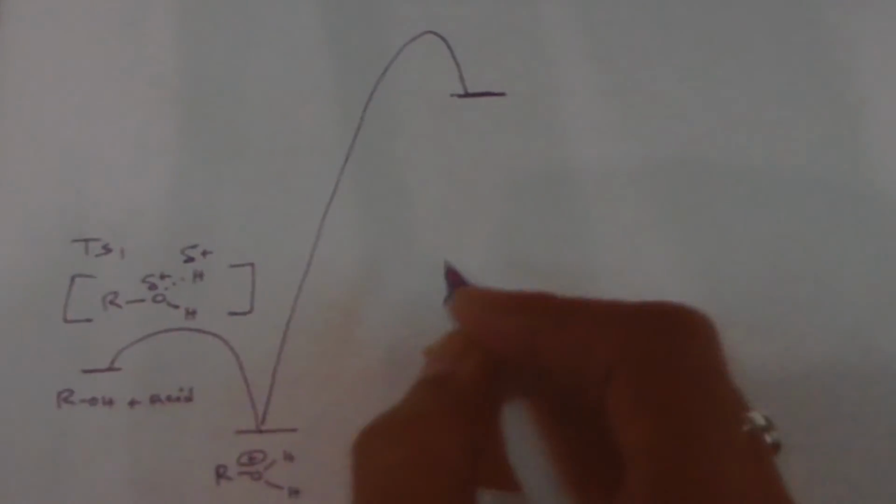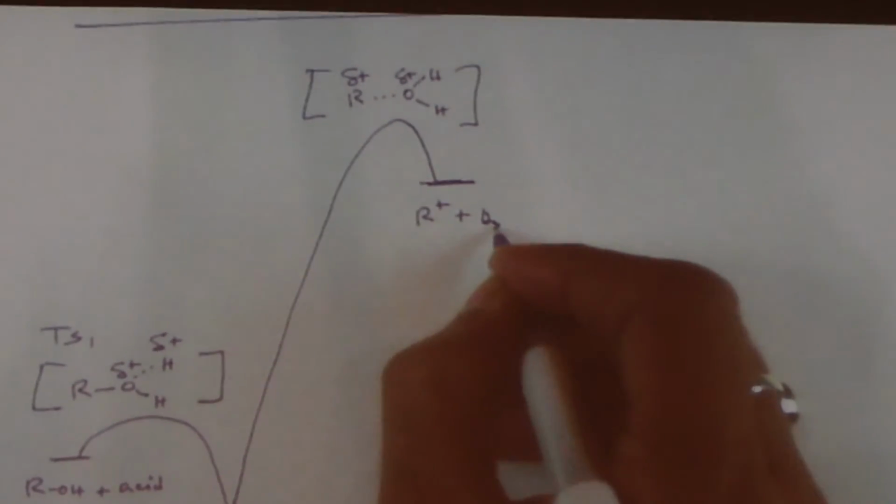Okay, and so this is going to generate positively charged oxygen, which is connected to two other hydrogens. The next step is the rate determining step, where we get the breaking of this bond. Therefore, the transition state would look like this: R dot dot dot O H H. You still have delta plus R.